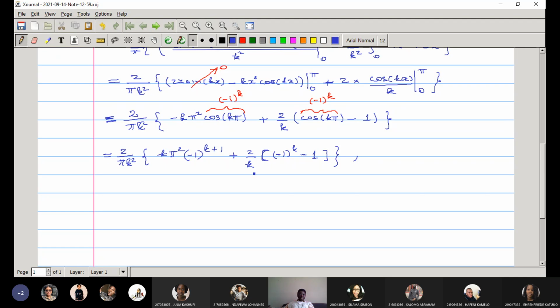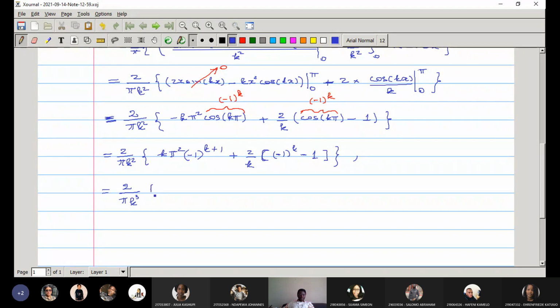We can keep this. But if we want to factor by k again, this will be k squared, right? So what I mean is, if you want, we can write that this is 2 by pi k cube.